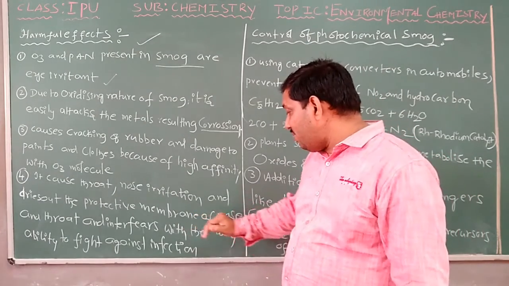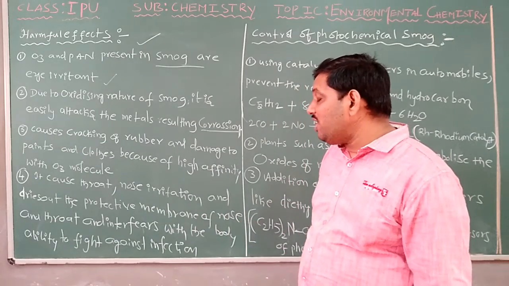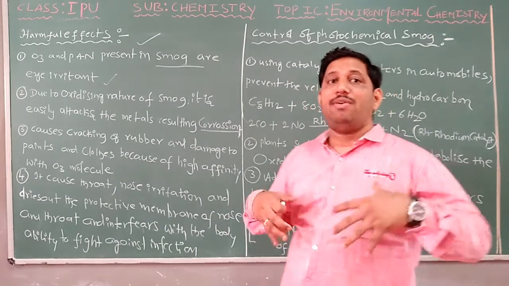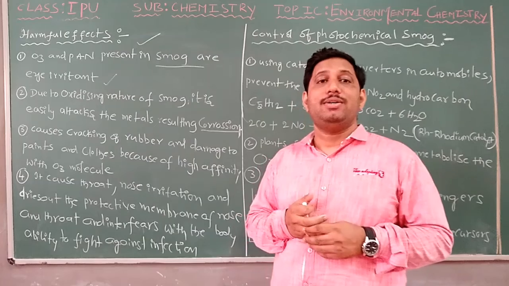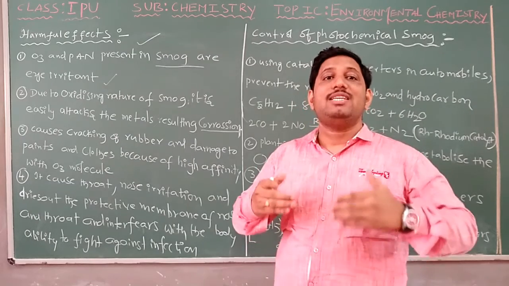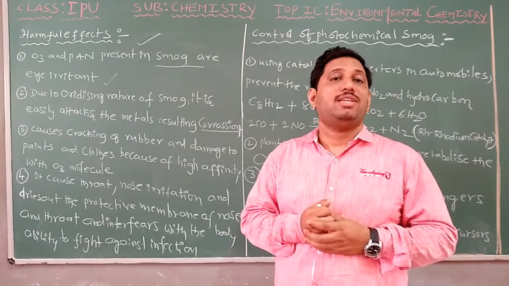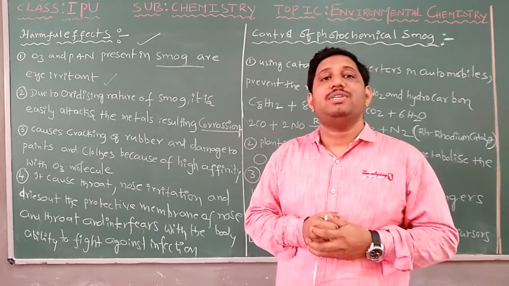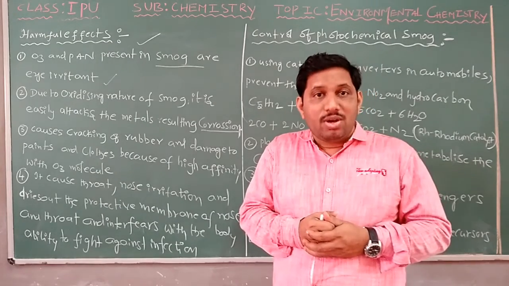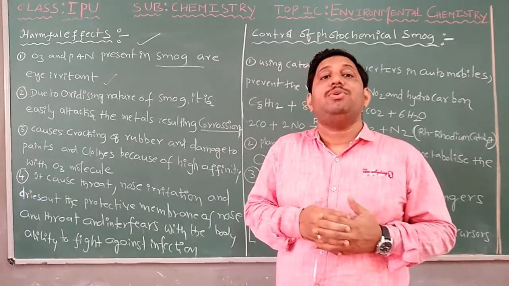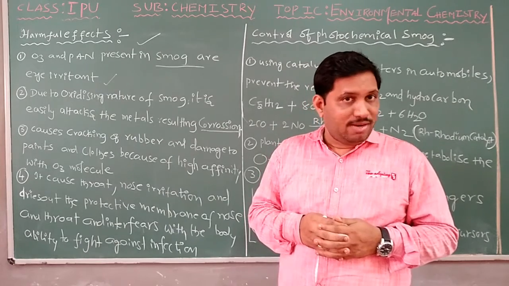And it interferes with the body's ability to fight against infection. Our human body has a normal resistance power against infection. For example, if any cold or cough is there, without medicine, within 1 or 2 days, we will get recovered. Why?